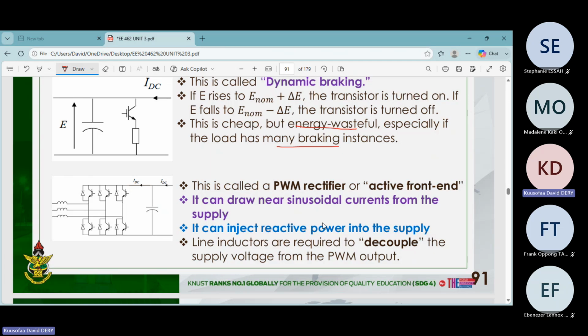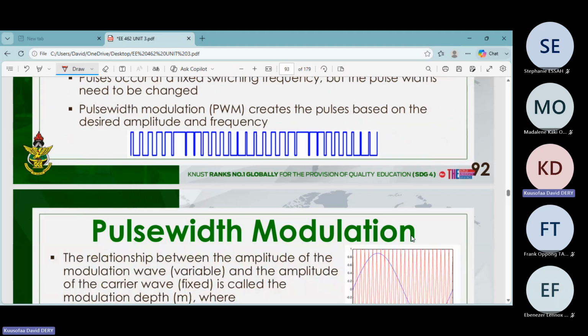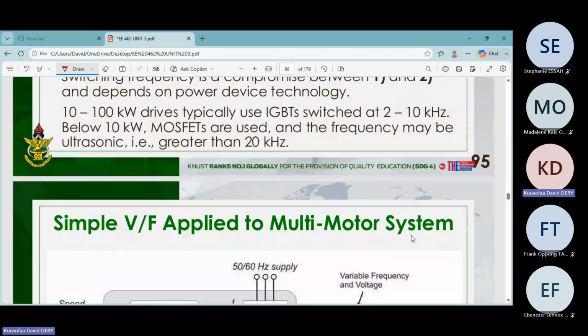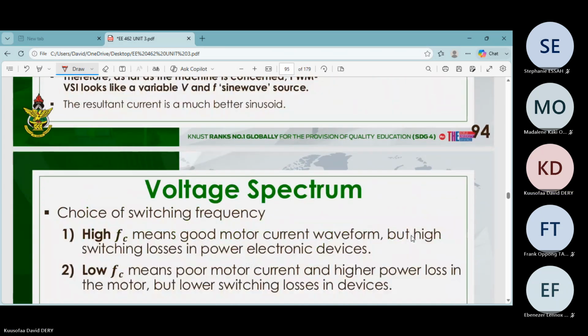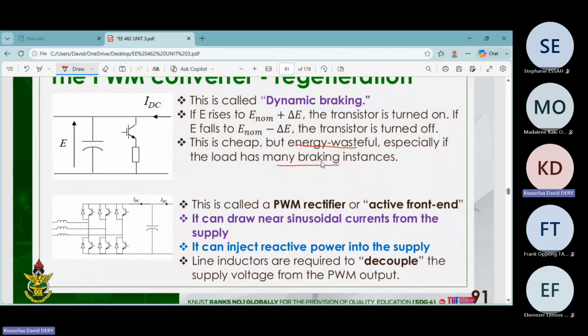Because of that, we need to put line inductors to decouple the PWM output from the system so that we don't have inductive power injected into the supply. So let me see. I think we still have some things to cover. So that is how you protect the capacitor during regeneration.